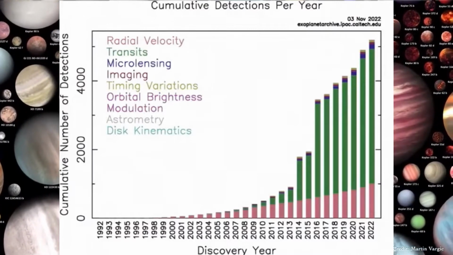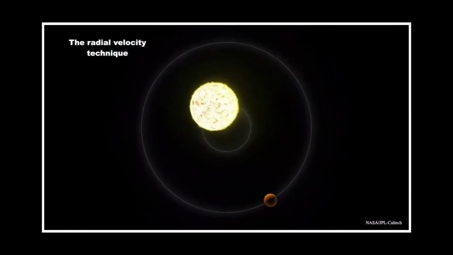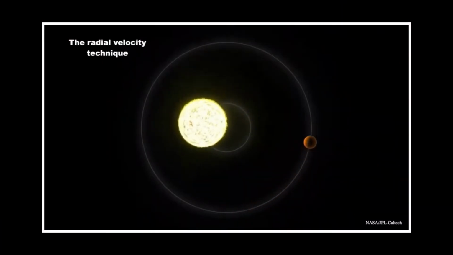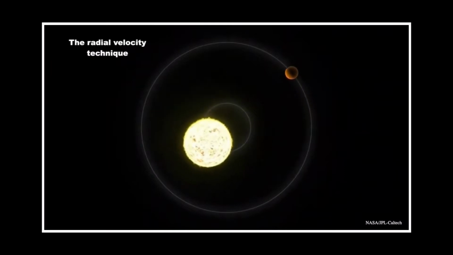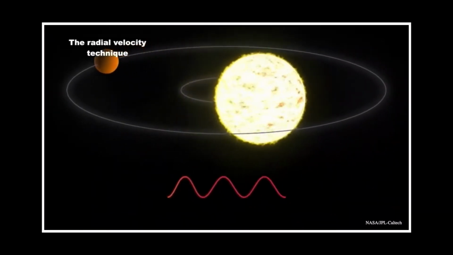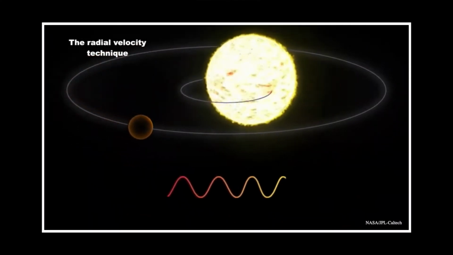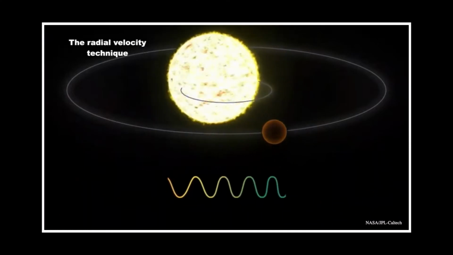First, illustration 6 will show a little movie of the radial velocity technique. With that technique, we detect the tiny perturbation an exoplanet has on its star. That slight movement affects the star's normal light spectrum, or color signature.